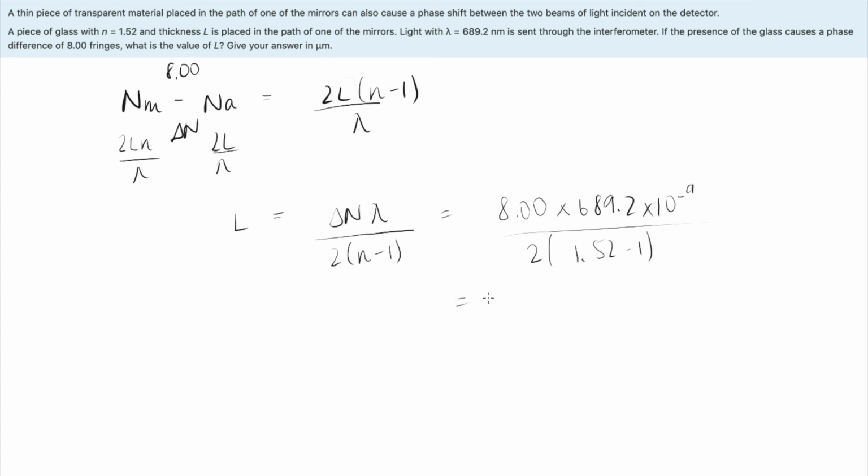And when we do that, we get 5.302 by 10 to the minus 6 meters, and we want our answer in micrometers, so it's going to be 5.302 micrometers, and that's the answer.